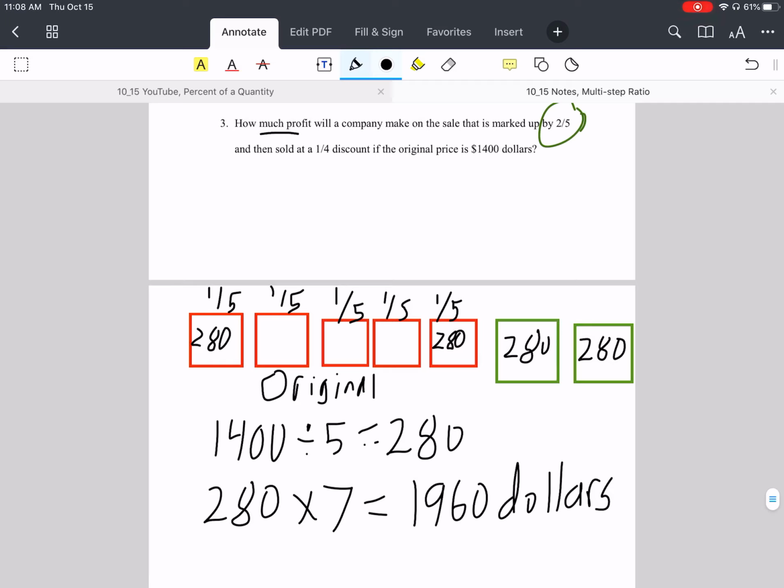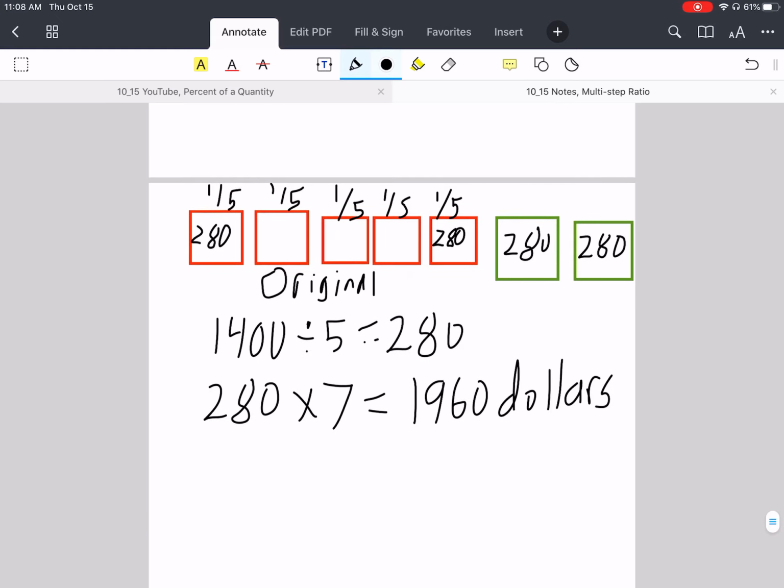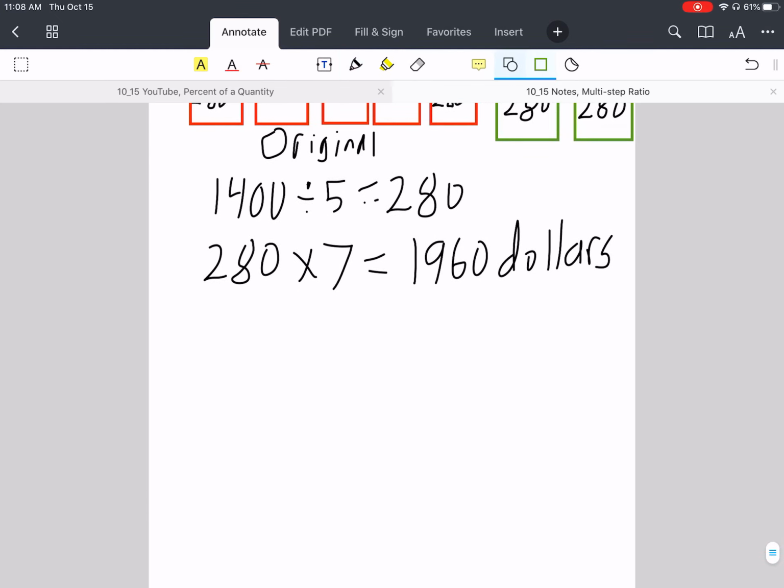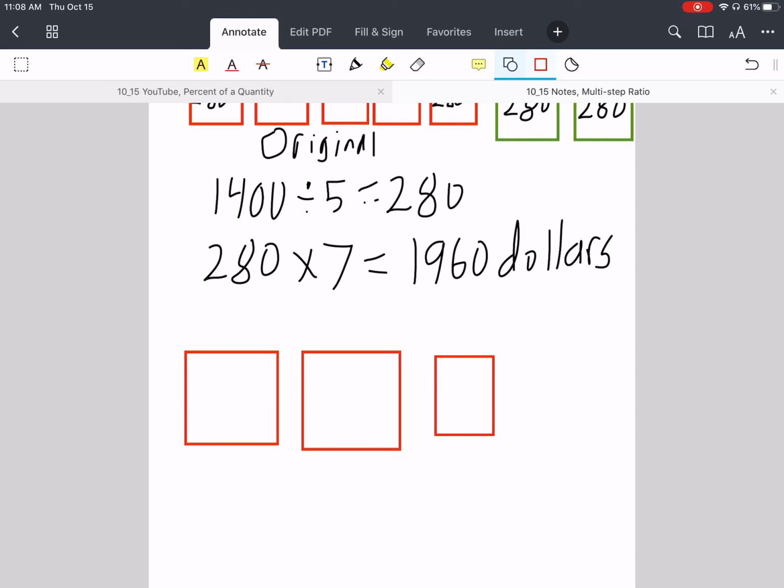Now what we need to do is look at the fact that they're going to advertise a sale. So now it's sold at a 1/4 discount. So we're going to draw 4 squares. We have 1, 2, 3, 4, and each of these represents 1/4 of the price.